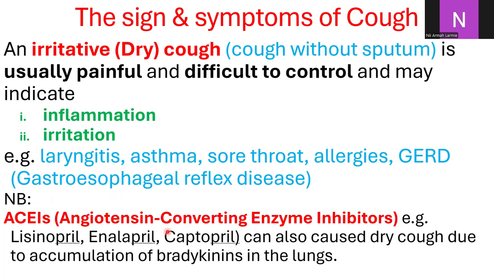Again, note that this type of dry cough does not respond to normal cough medications, because the issue is a buildup of bradykinin, an underlying reason for the irritation, and until that is taken care of, this person may continue to cough. The good news is once you withdraw the ACE inhibitors, the angiotensin converting enzymes are released and they can go back and break down the bradykinin, and the cough will cease by itself.